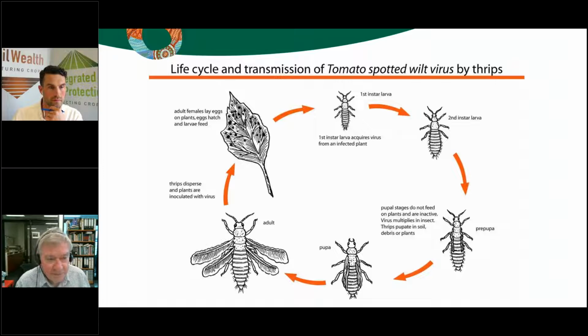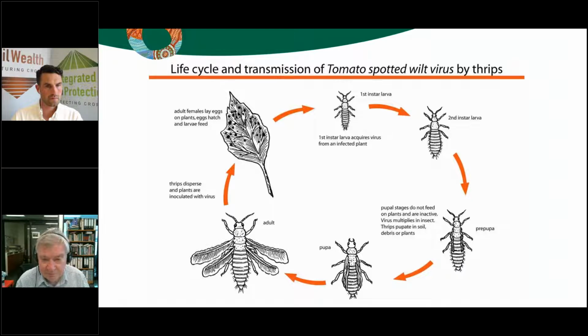The adults lay the eggs on the plant and the larvae feed, and it's those first and second stage larvae which actually pick up the virus from an infected plant, and then the virus has to travel through the gut and the internal organs of the thrip, and as it does so it multiplies and then goes through the pupal stages which don't feed, but the virus continues to multiply within those stages, and then the pupa emerges as an adult, and it's the adult thrip which is active, of course, and by that stage it has a full complement of virus particles, and that's the one that moves through a crop and infects them with the virus.